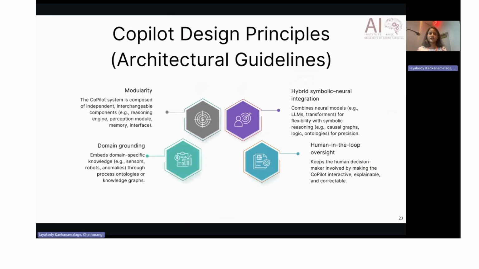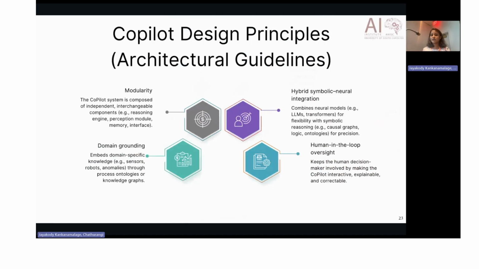The third one is domain grounding. These copilot systems aren't generic systems. They can embed domain-specific knowledge that we can get from sources like sensor specifications, if it is a manufacturing or industrial setting, robot behaviors, or certain anomaly types in manufacturing facilities.